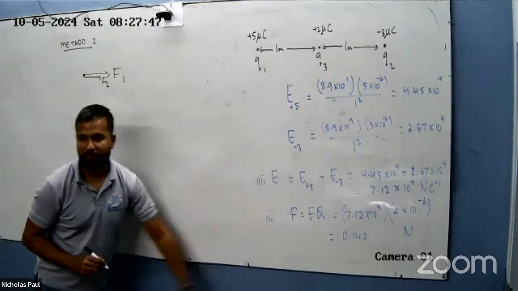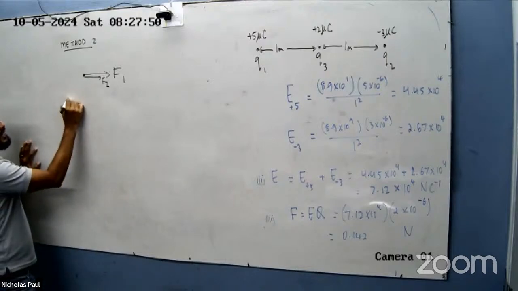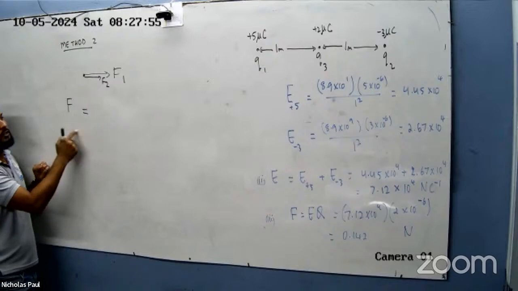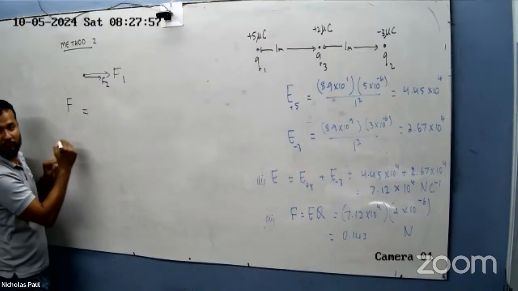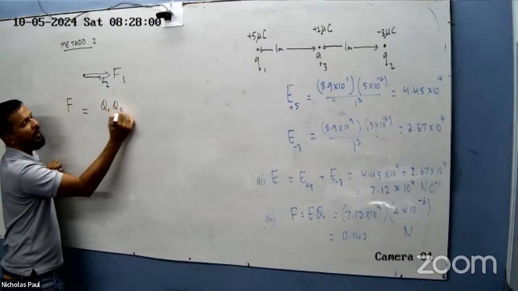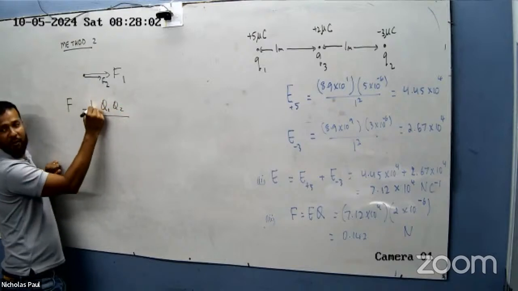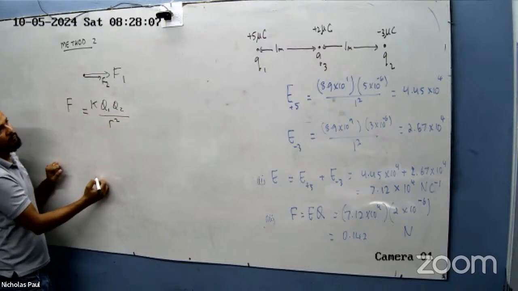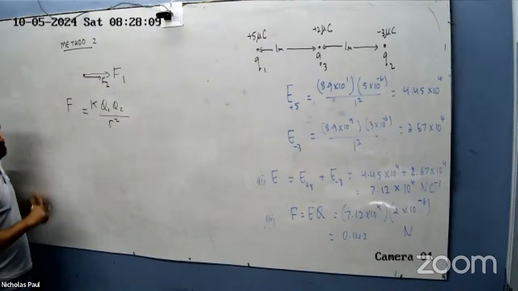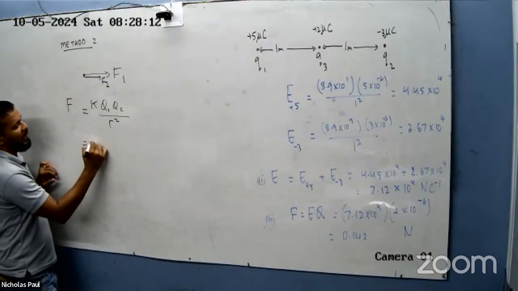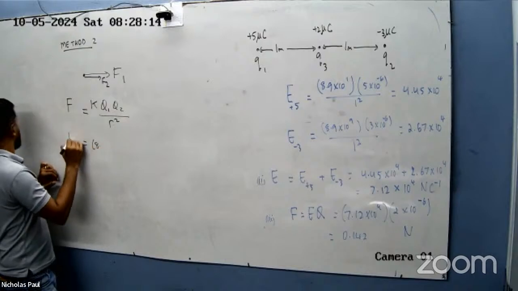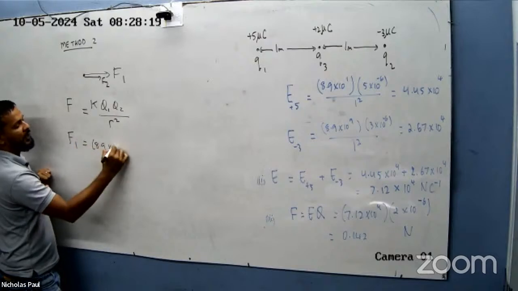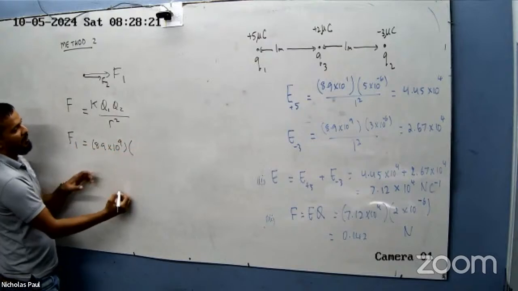To find F, what formula are we using? K by Q1 and Q2 all over R squared. So I'm finding F1: 8.9 by 10 to the 9 by Q1.